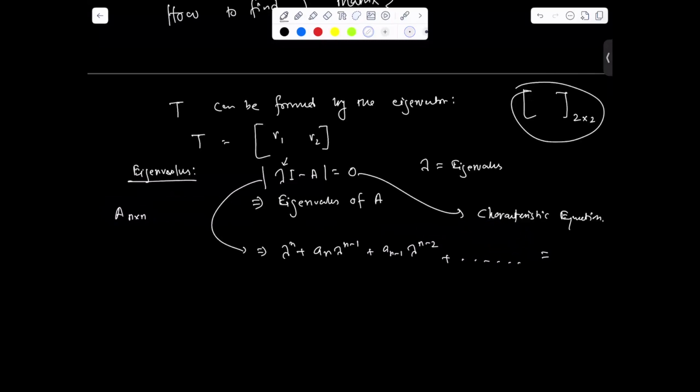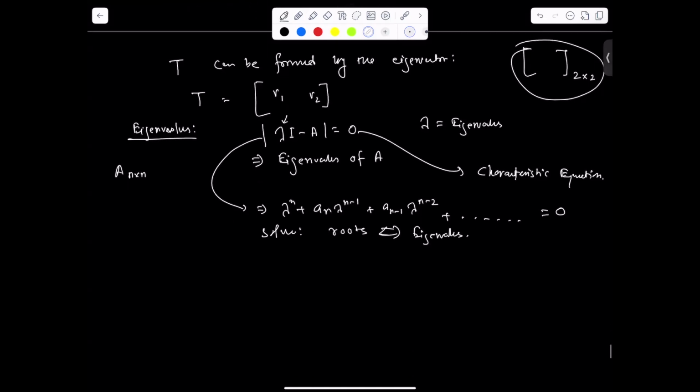If you solve this equation, it will give the list of eigenvalues, or we can say the roots. These are nothing but eigenvalues.